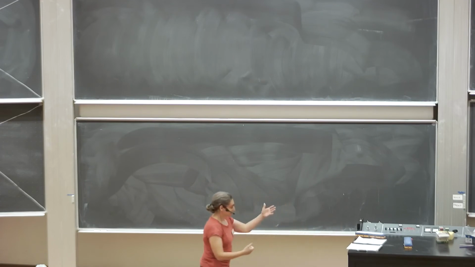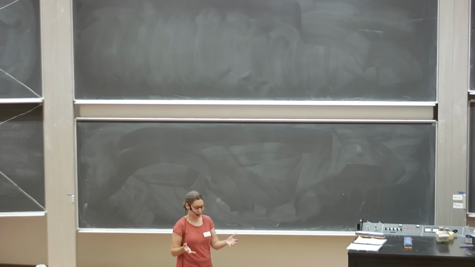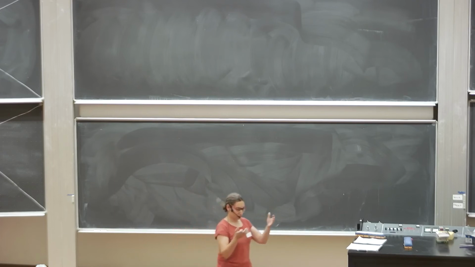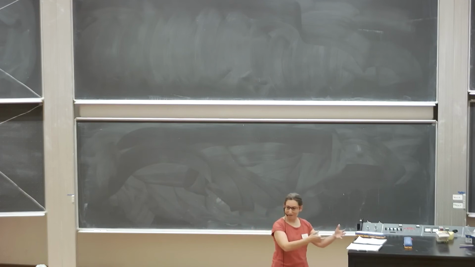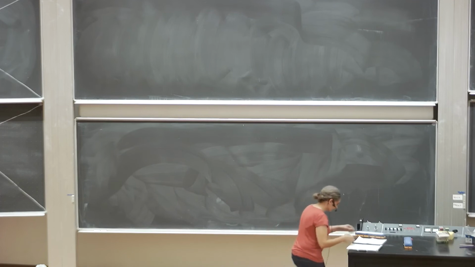We don't have this here yet. So we have the stable module category, but we want to associate something that allows you to classify, saying, well, any thick subcategory will correspond to some subsets of whatever, right? So we are missing this point.